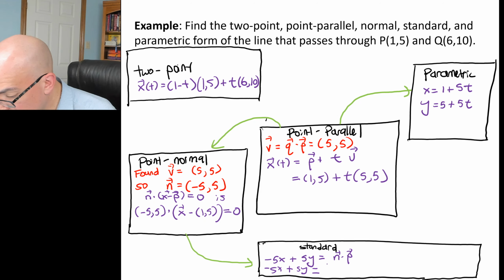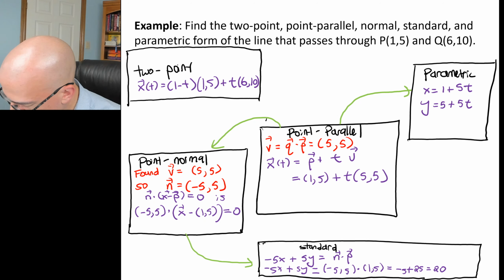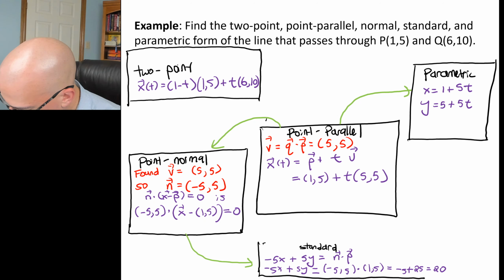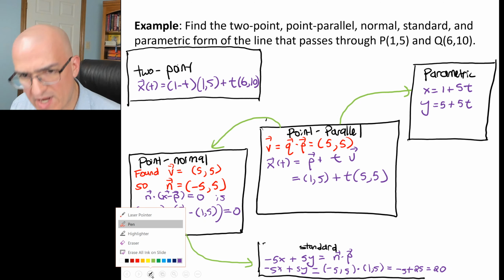N we just found was negative 5 comma 5 dot p is 1 comma 5 equals negative 5 plus 25 is equal to 20. Wish I had another line under this.